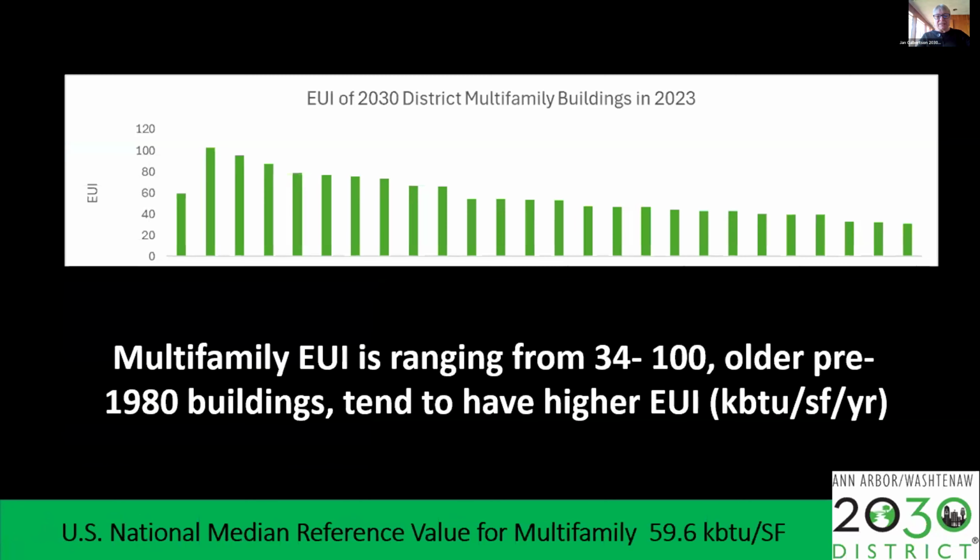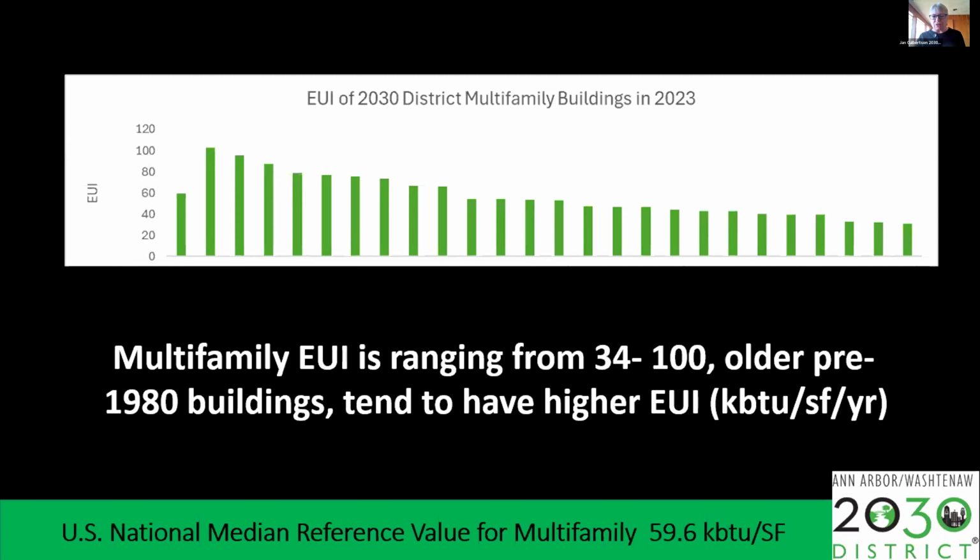Just to give you an idea, we're starting to get some really good comparison data of EUIs, and that's the energy use intensity of buildings. What that basically is, is your annual use in a unit called a KBTU per square foot per year. And as Ann Arbor starts doing the transparency for their benchmarking ordinance, the EUIs are what will be published.